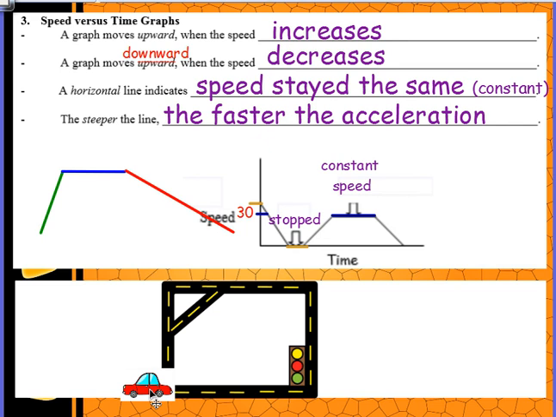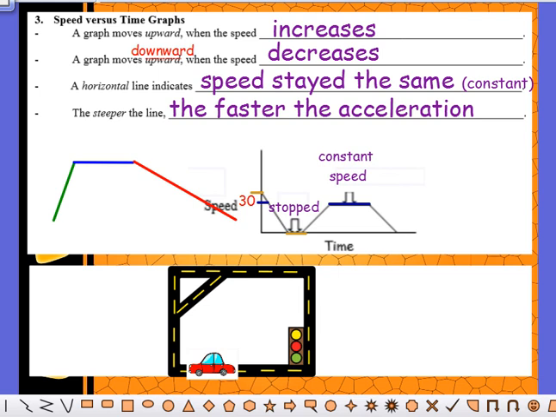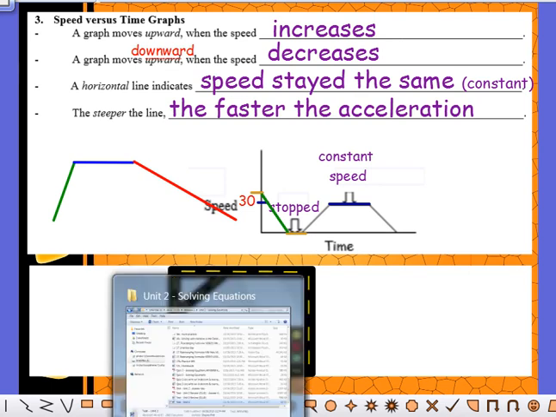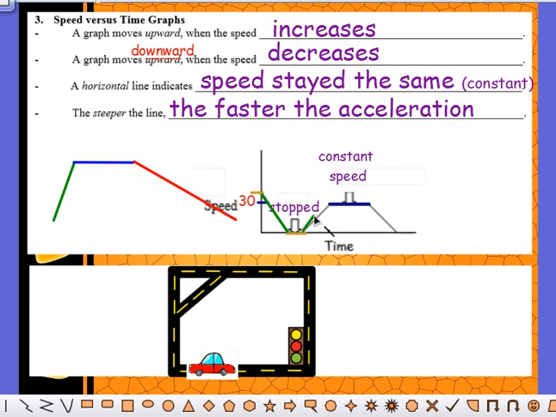Now, since the line is going down, his speed is going to get slower and slower for a little bit of time. Then when he gets to this orange line segment down here, the car is now stopped for a little bit. Now the line goes back up.